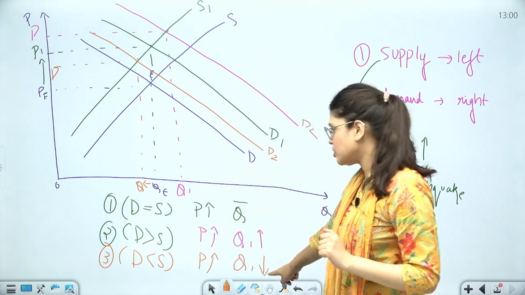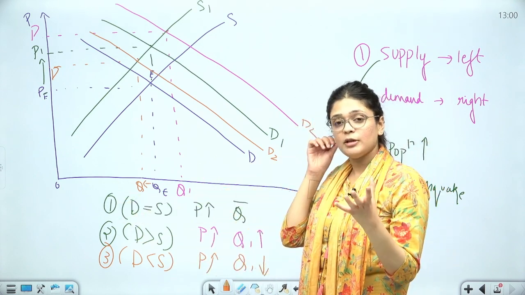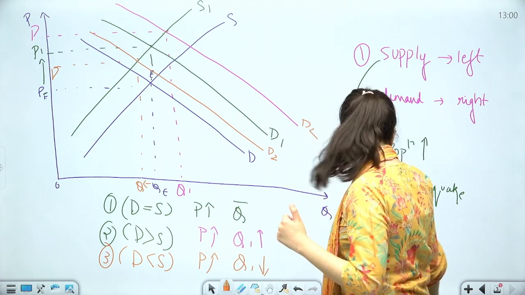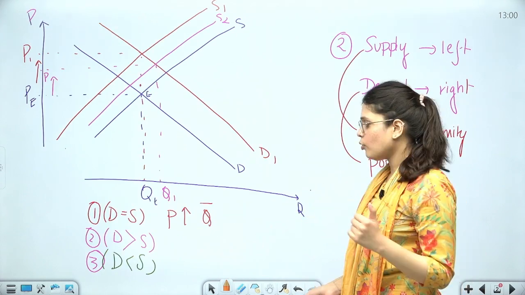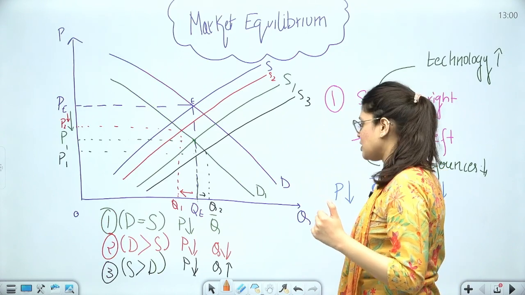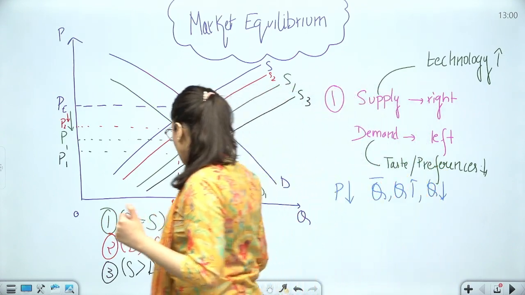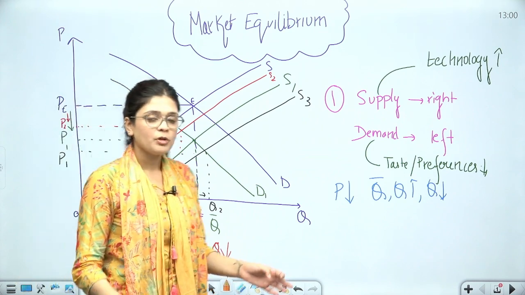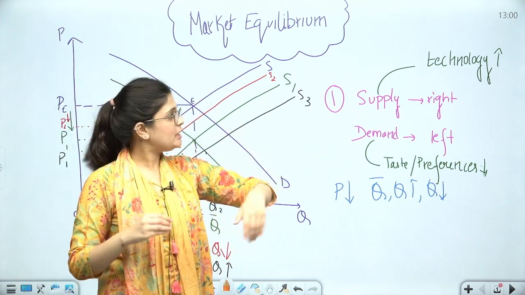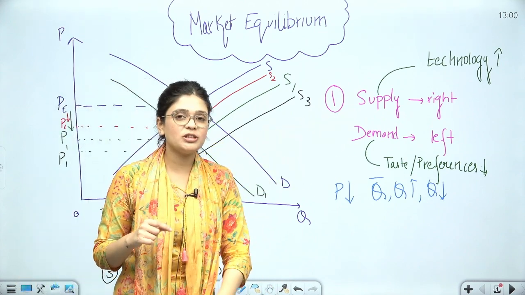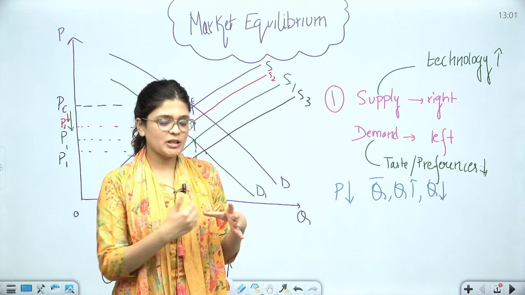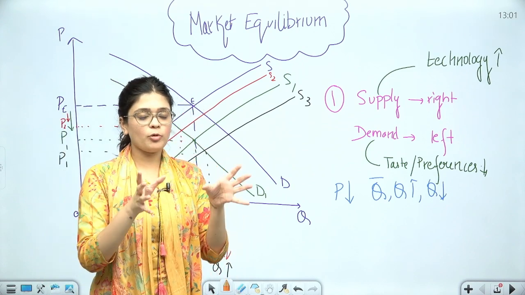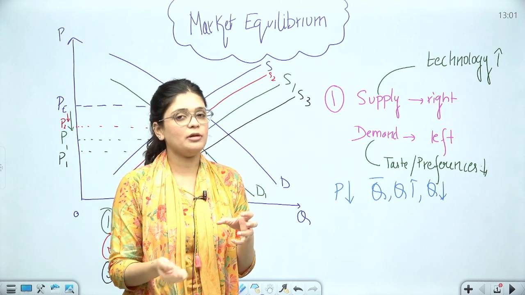So in this case the equilibrium quantity will decrease and price will still increase in all the cases. Okay, so we have discussed the 4 cases in which basically what is happening, your price is decreasing, quantity is increasing. Okay, and price will always decrease if supply shifts towards right, but if supply shifts towards left, then price will always increase, depending upon the proportion of the change in the supply and the demand in the market.